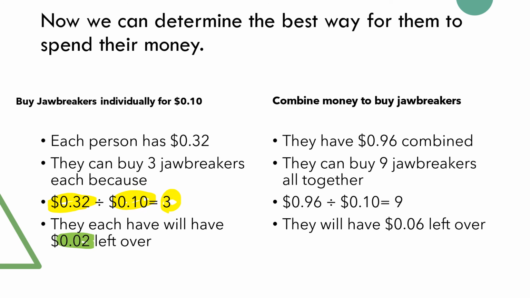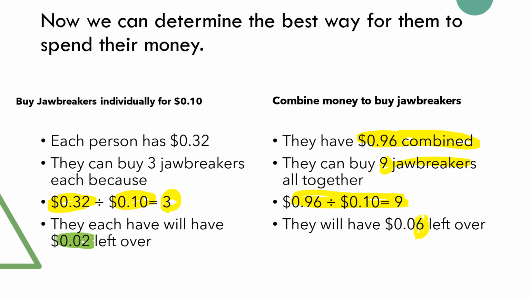Now, if they combine their money, they'll have 96 cents combined. They can buy 9 jawbreakers. 96 cents divided by 10 cents equals 9. Then in this case, they will have 6 cents left over.